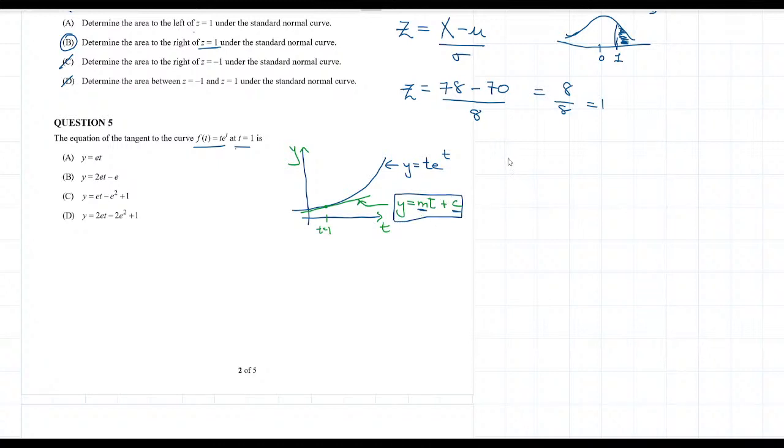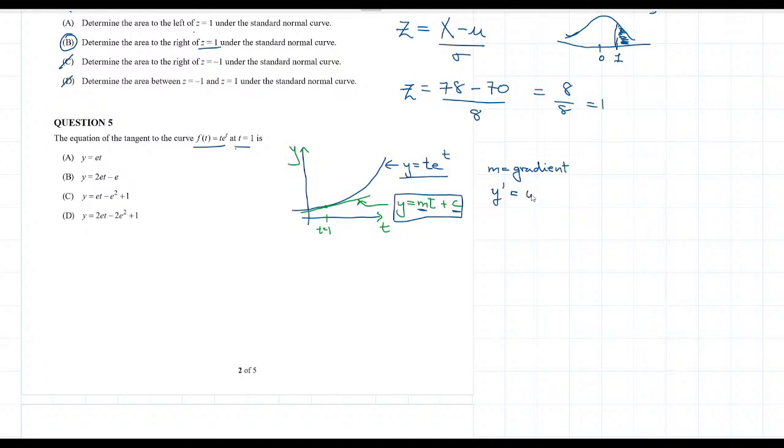How can we do that? We know that m is the gradient of that line, and we can get the gradient at t equals 1 by differentiating this function and subbing in t equals 1. So let's do that. We have to do y dash.